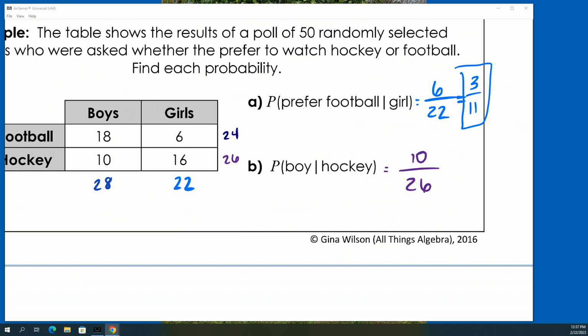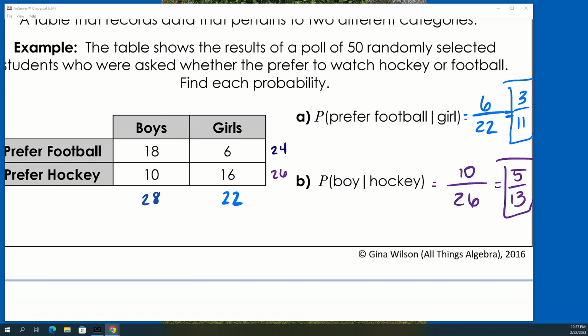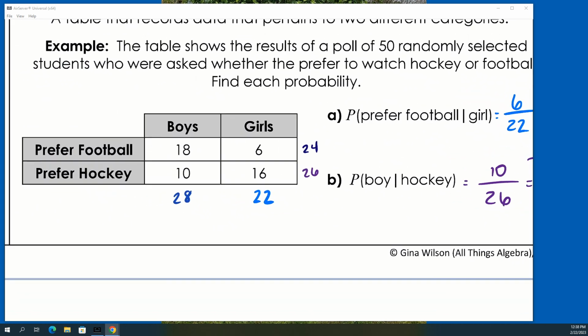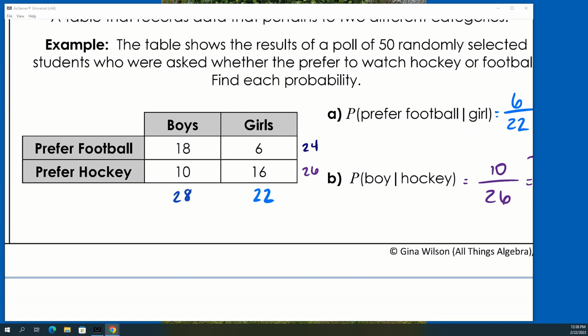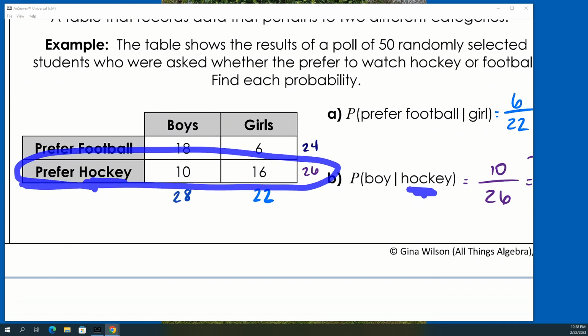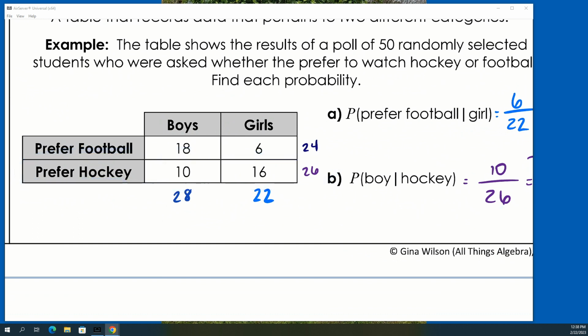And then, say what? It just says boy, though? Right. Well, whenever we just use this row, we're only talking about the hockey people because we know it's a hockey person. This is what it tells us. It's definitely a hockey person. So that's the 26. And so we just look at the hockey people to decide the top. All right. Any other questions?